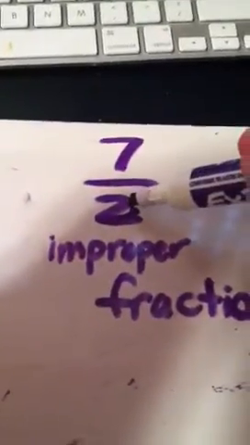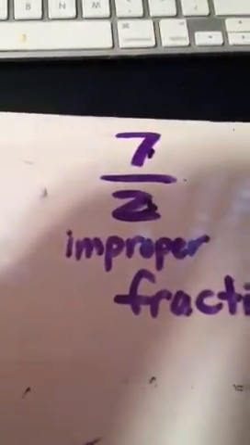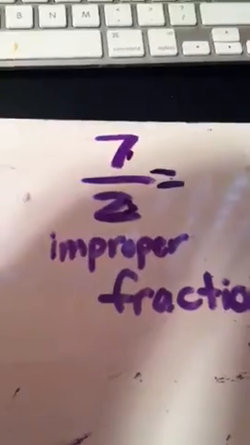Okay? All right, last way for tonight. If you want to use math operations to go from improper fractions to mixed numbers, you're going to take the denominator and see how many times it goes into the numerator.